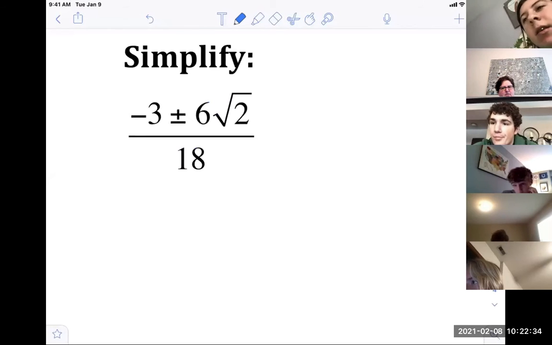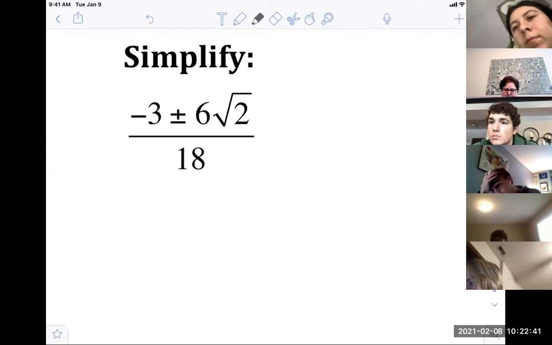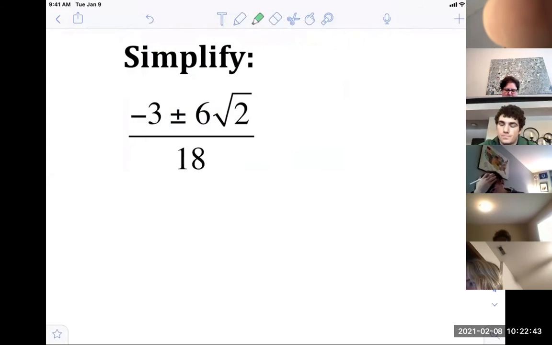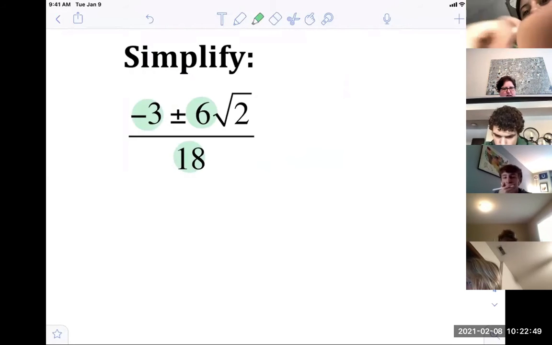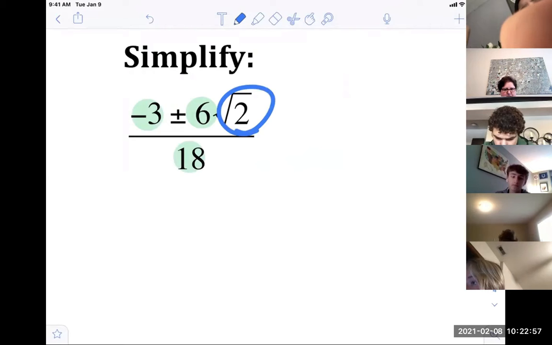Okay, so when you're simplifying those, you want to look at the numbers that are on the outside of the radical. And these are the numbers that you're allowed to simplify. You're not allowed to touch the radical 2. The 2 underneath there is protected by the radical sign. So unless you're able to simplify that radical and pull something out, there's nothing you're going to be able to do with that 2 in there.